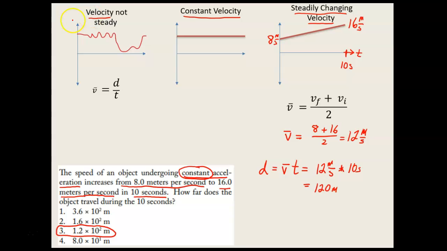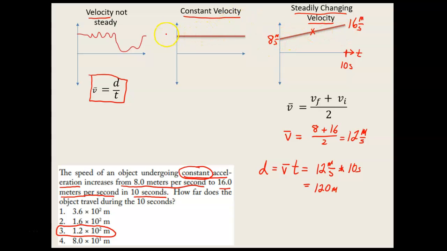And we have 2 simple relationships. Average velocity is distance over time. And we can also figure out the average velocity in these 2 situations just by looking at the beginning velocity and the ending velocity, adding them up and dividing by 2. So 8 plus 16 divided by 2 is 12. We can figure out our average velocity if they give us the starting and ending velocity. And same thing here.